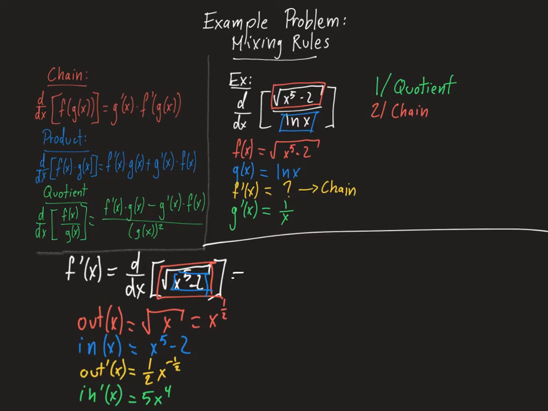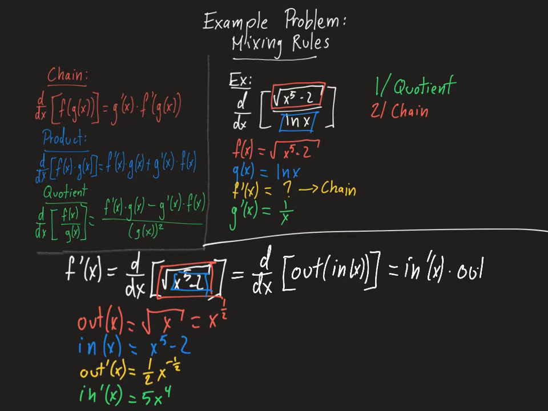All right, so now let's rewrite chain rule. Chain rule tells us that when you're taking the derivative of two nested functions, which here I've called out of in of x, that this derivative is equal to the derivative of the inside function times the derivative of the outside function into which you plug in the original inside function.